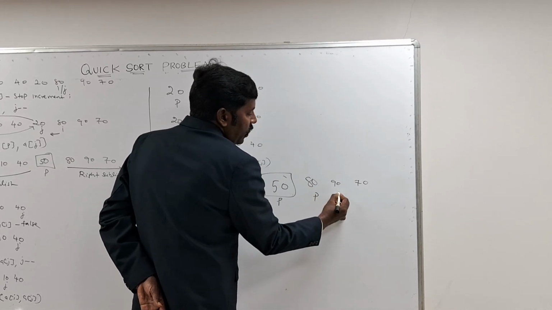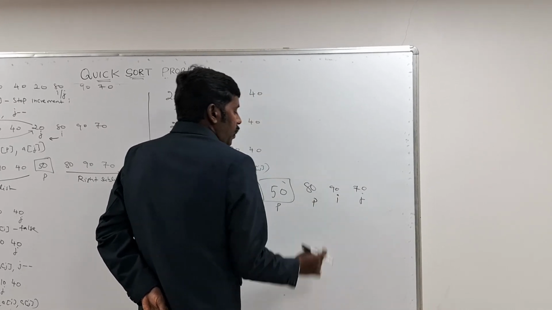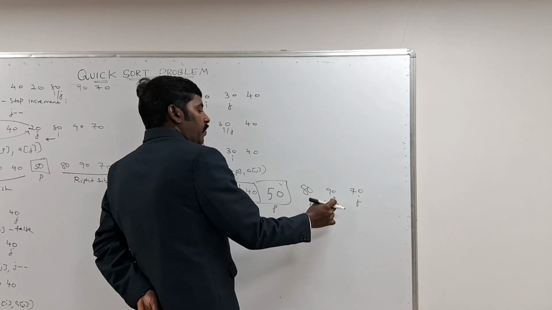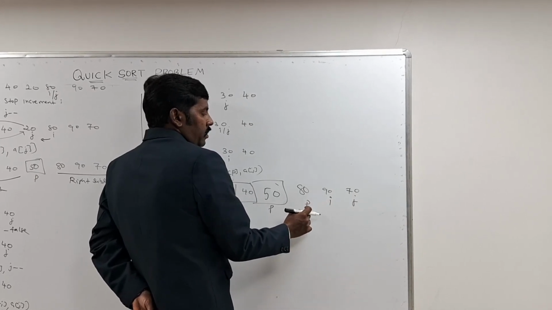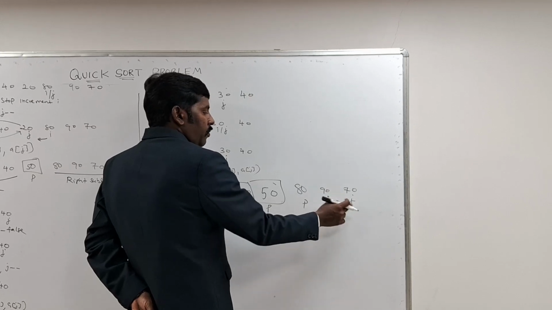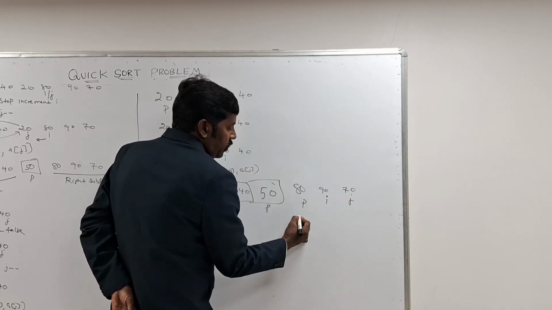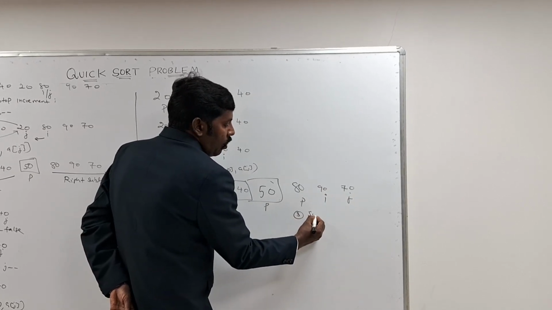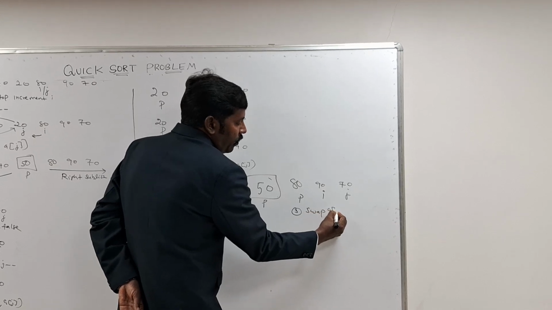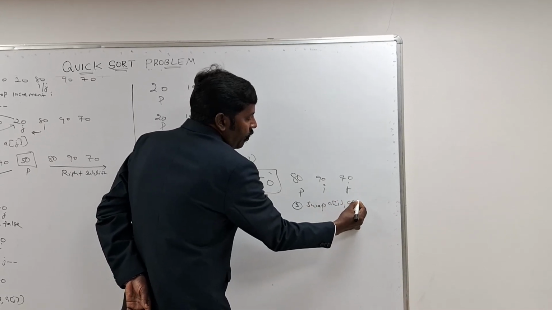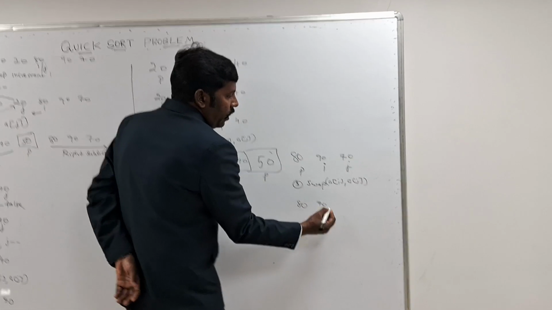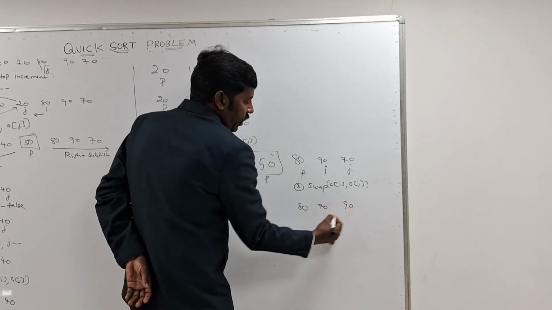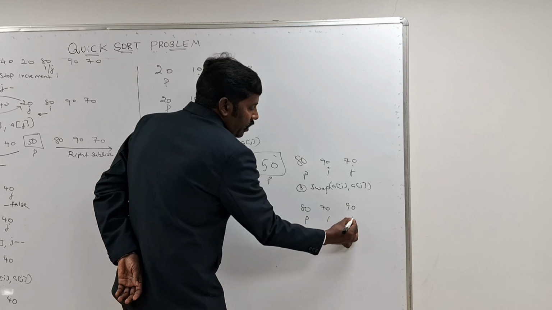This is the pivot, this is I, it is J. The pivot is greater than I, so no increment in I, then check with J, it is lesser than P. This satisfies condition 3, swap A of I, comma A of J. So 80, 70, then 90, P, I, J.